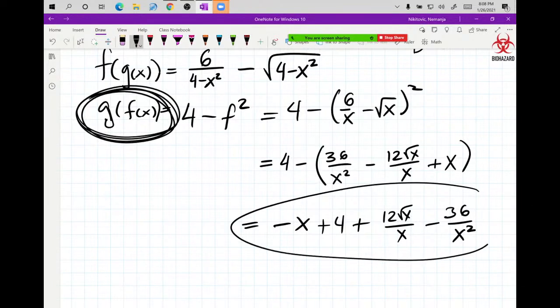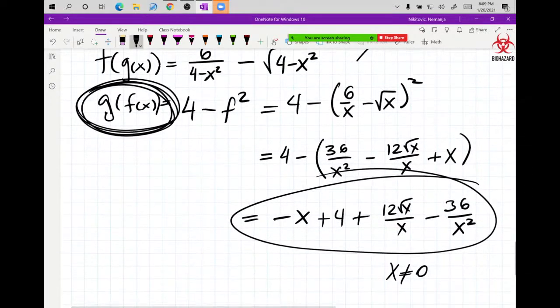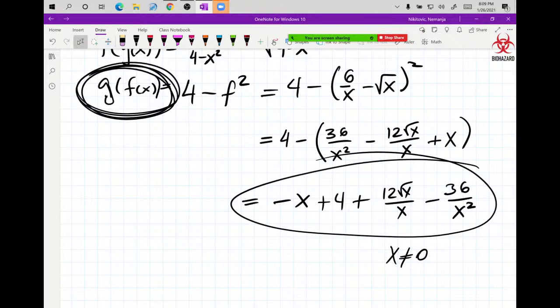Now look at its output. All of a sudden, x can't be 0. So we managed to exclude the value. It was perfectly fine to plug in 0 here. 4 minus 0 is just 4. So it works. But once I combined and plugged in f into g, it changed the function enough to change the domain.